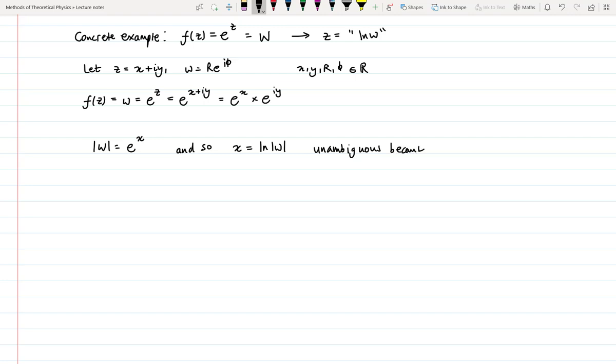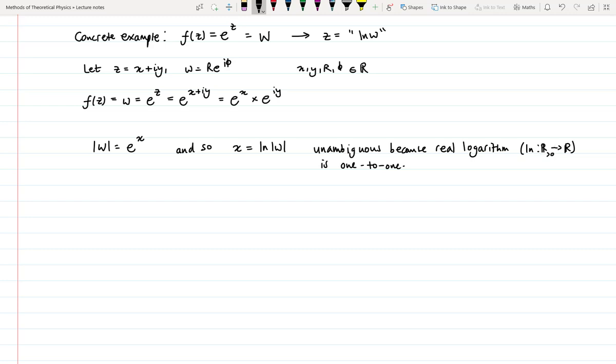because the real logarithm, which maps a real input to a real output, is 1-to-1. We're trying to find z in terms of w, and the real part of z, given by x, is the real logarithm of the modulus of w.